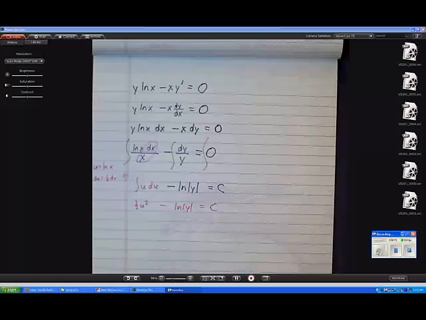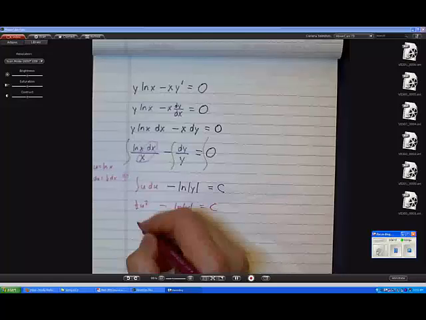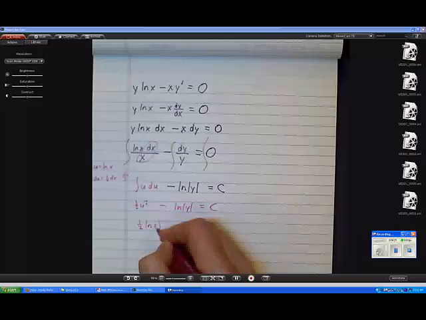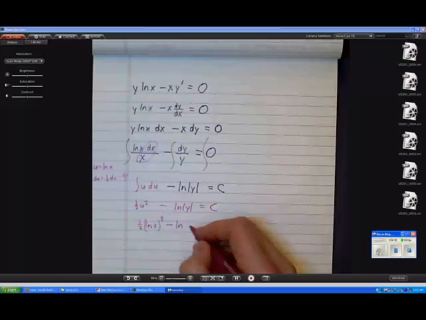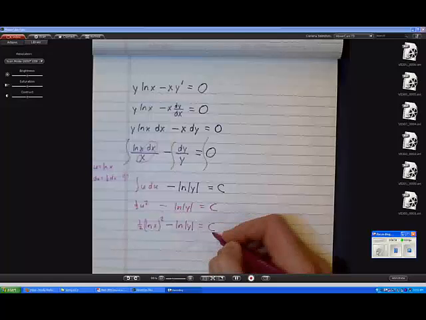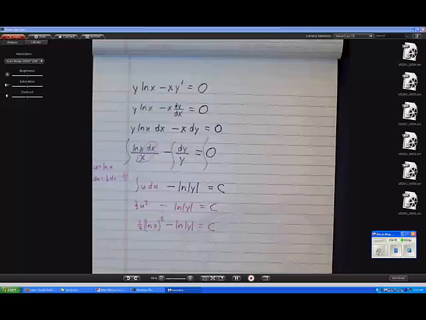And so let me fill things back in. I guess I get 1/2 the natural log of x quantity squared minus the natural log of the absolute value of y equals c. Guys okay?